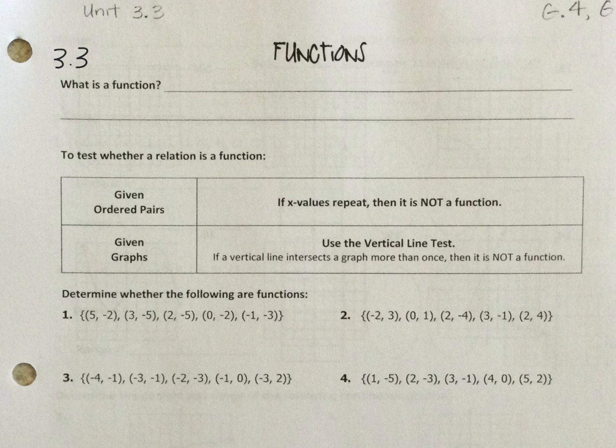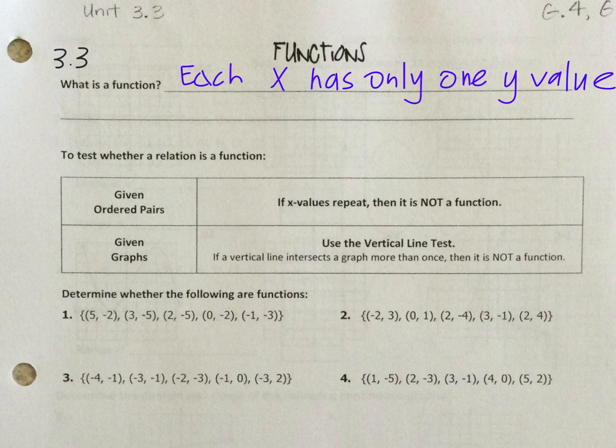When we talk about functions, a function means that each x has only one y value. And this will make sense as we go through it. We call the x our input. That's what we put in.